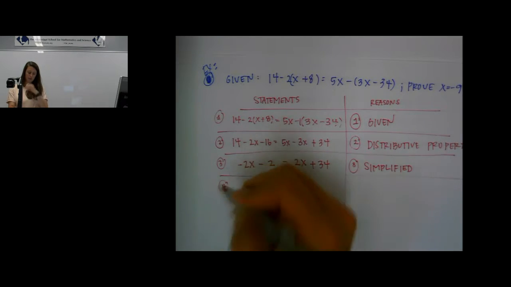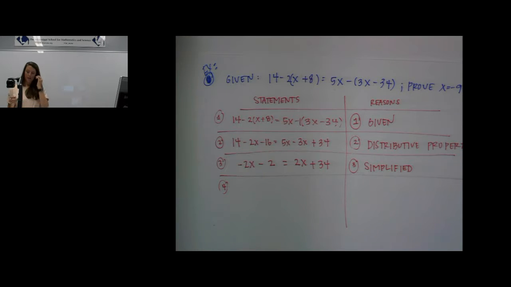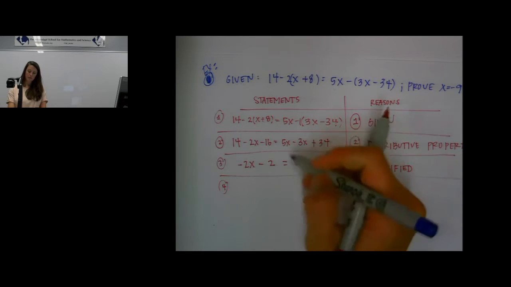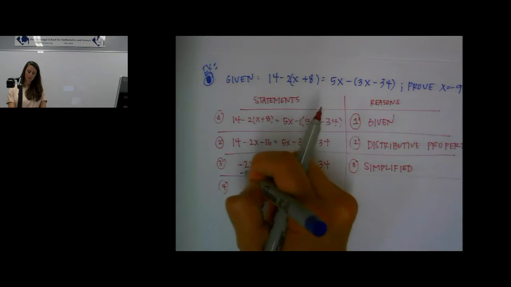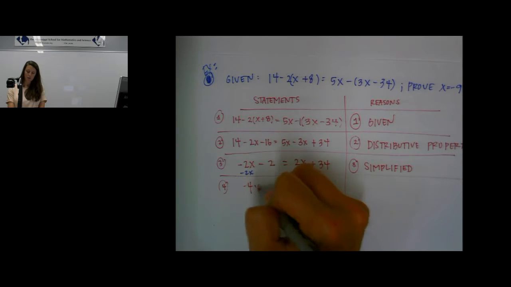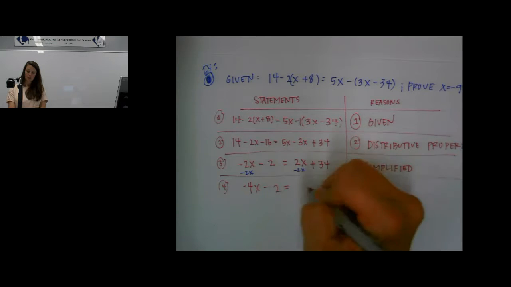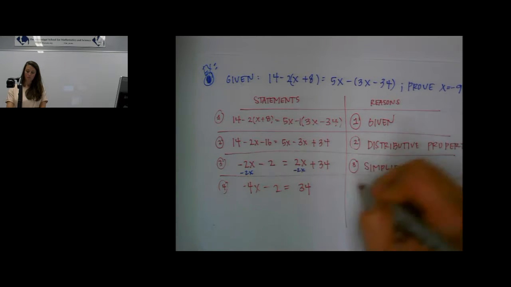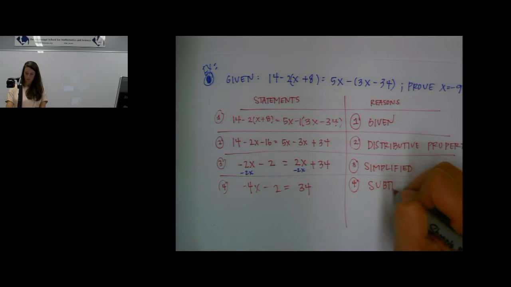Okay, so now after we simplified here, the next thing that I need to do is move my 2x to the other side. So I'm going to subtract 2x, right? So I'm going to get negative 4x minus 2 is equal to 34. And the reason I'm doing that is by the subtraction property.